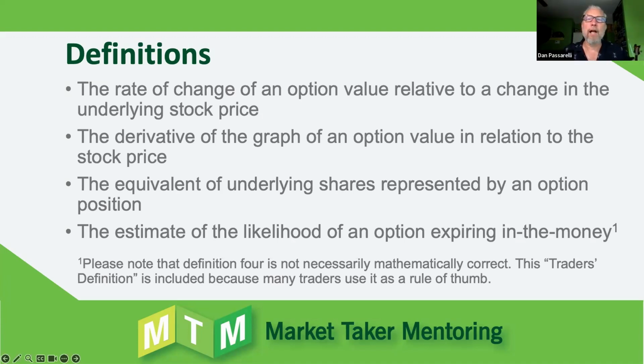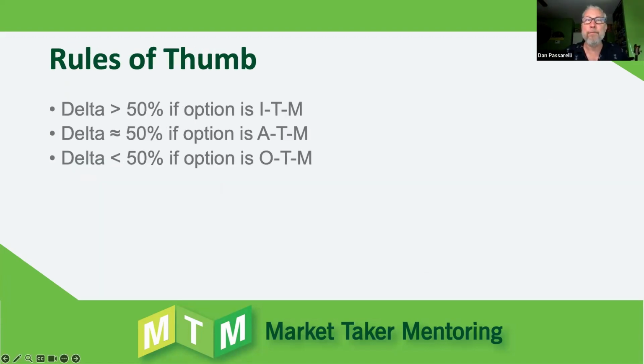Okay, now let's talk about that rule of thumb. So options that are in the money have greater than a 50 delta. Options that are at the money have about a 50 delta, and options that are out of the money have less than a 50 delta.